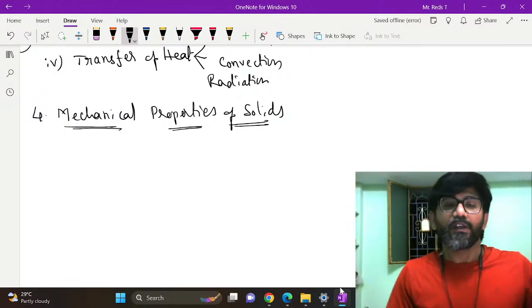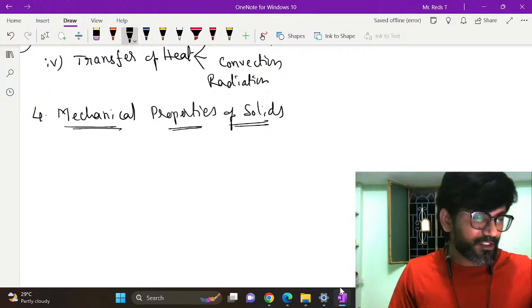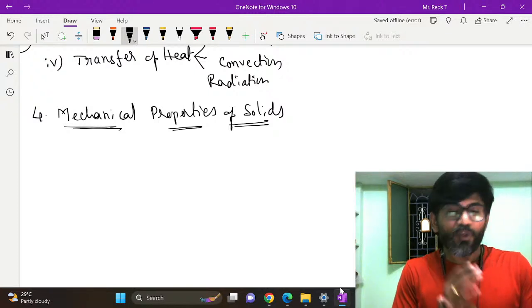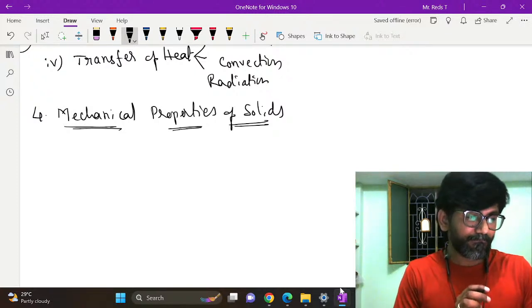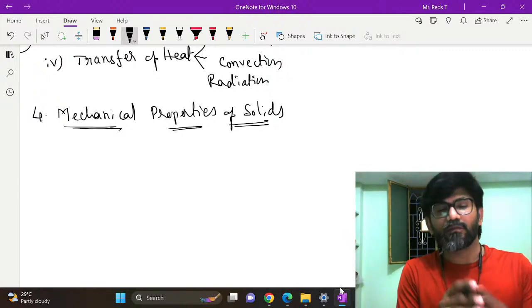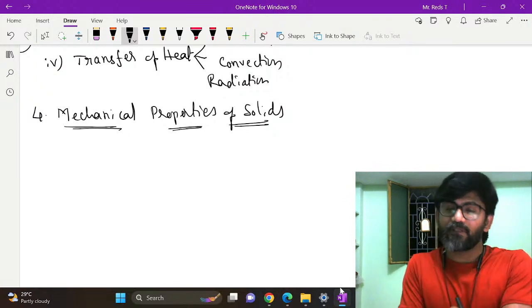So what are the topics we have to focus on specifically in solids? The main things are Hooke's law and Young's modulus. I can say types of moduli. Hooke's law and types of moduli of elasticity.